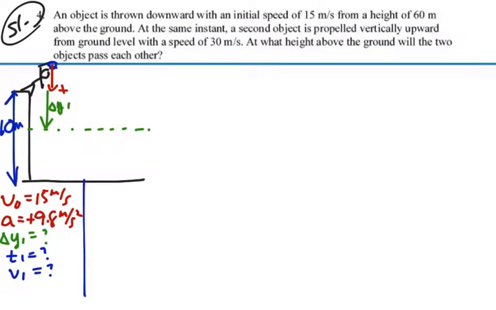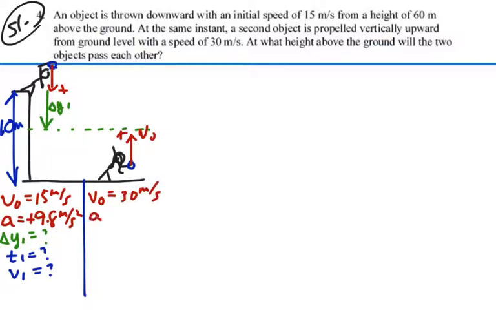We have another object that's being thrown straight up. So this is going to have initial velocity that's going up. That's our positive direction there. Our initial velocity there is 30 meters per second, positive.